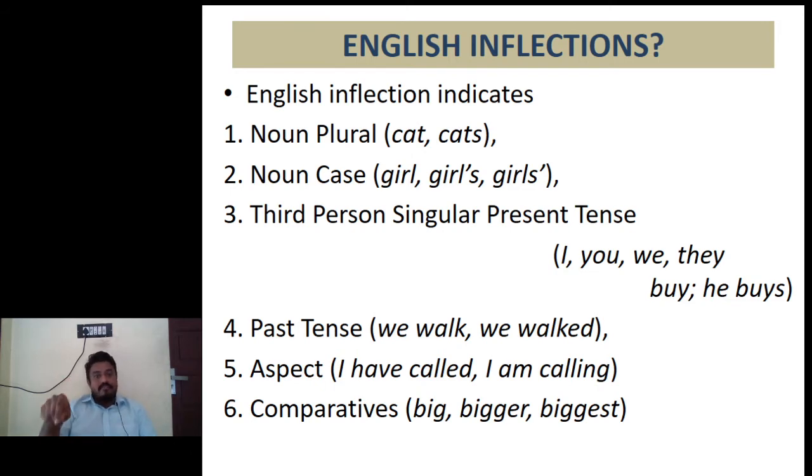Okay, then we walk and we walked, and when walk is transformed into walked, the ed suffix is coming, and it shows the change in tense, past tense-ലേക്ക് അത് മാറുന്നു എന്നുള്ളതാണ്.